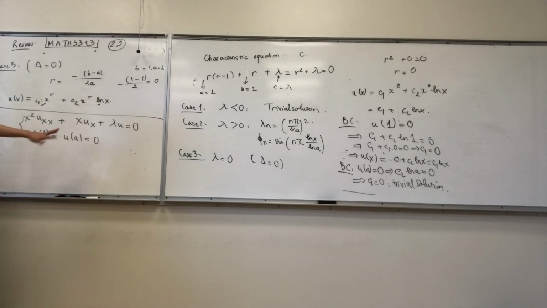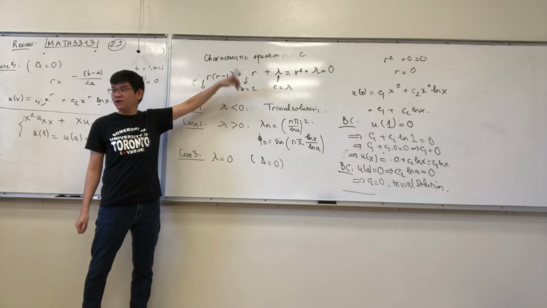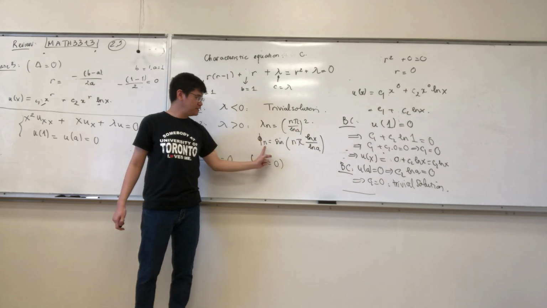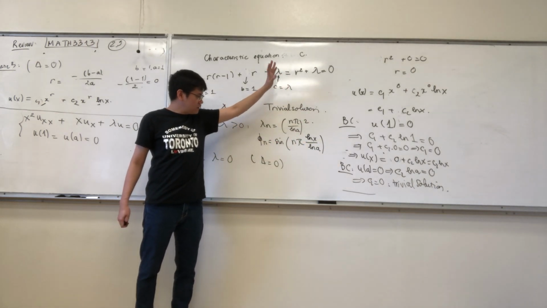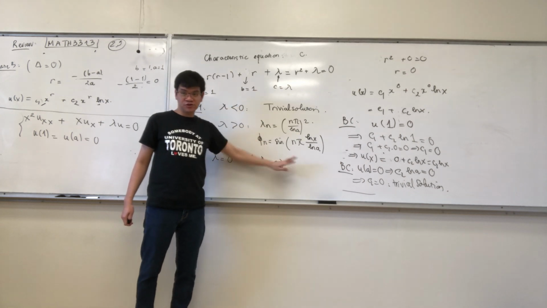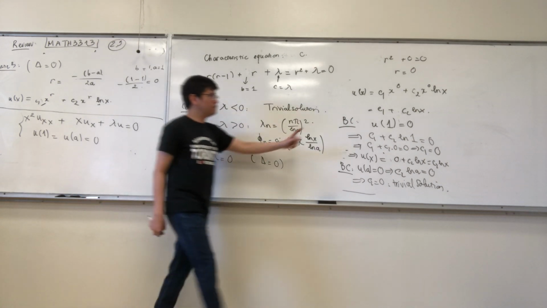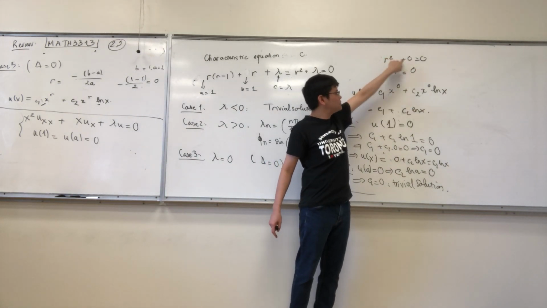So, I explain again. In the previous class, we know that when lambda is negative, you have a trivial solution. When lambda is positive, you have these lambda n and this phi n. Those are the eigenvalues and eigenfunctions. Alright? Now when lambda is 0, the only solution is 0 because you have r squared plus 0 is 0.